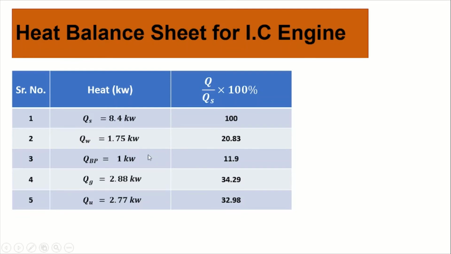Power developed by the engine is 1 kilowatt, which is 11.9 percent of the total heat supply. The hot gas absorbs the maximum heat from the supply, 34.29 percent, and the unaccounted energy is 2.77 kilowatt, which is 32.98 percent out of 100.